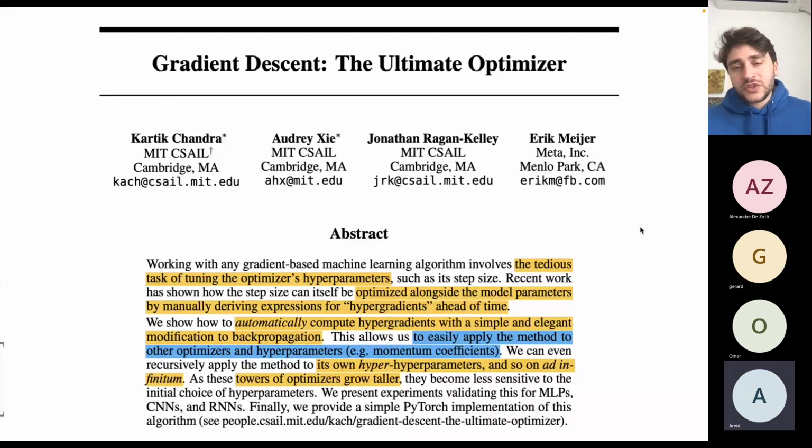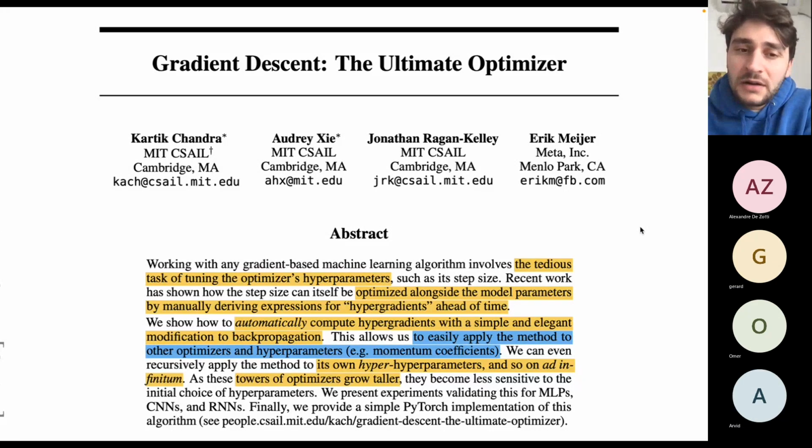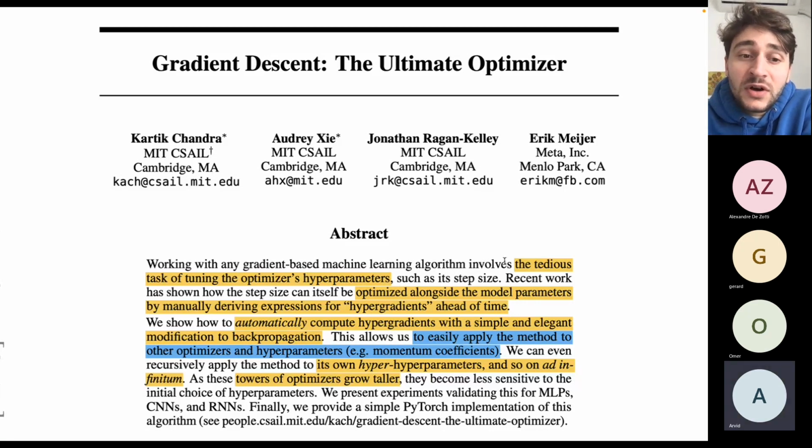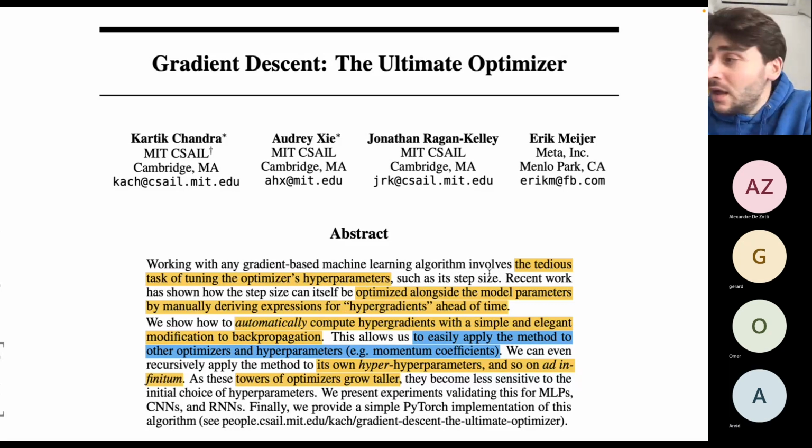Okay, thanks. So maybe we'll go over what problem it's trying to address, which is that working with any gradient-based machine learning algorithm involves the tedious task of tuning the optimizer's hyperparameters, such as its step size. Besides being tedious, it's also time-consuming.